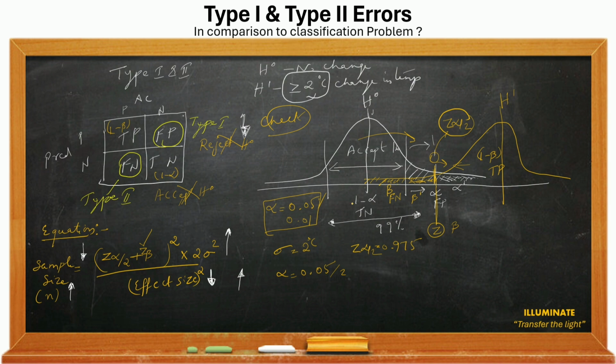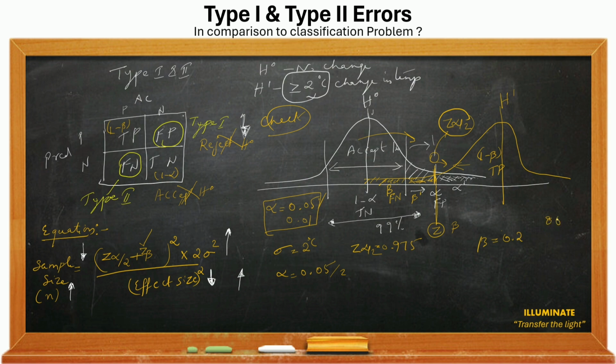If I divide 0.05 by 2, and then subtract it from 1, I'll get this 0.975, 97.5% confidence on this left hand side. So that is our alpha by 2.